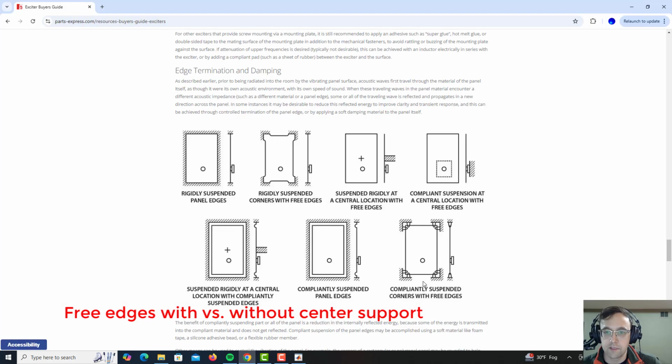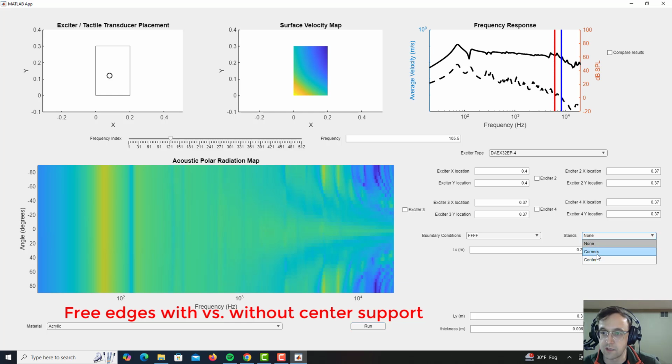Okay, that was this again. We've seen that one before, and I'm going to compare that to this, suspended rigidly at a central location with free edges. So that just means that I put a center stand on the free edge panel. So we'll compare that to the previous results.